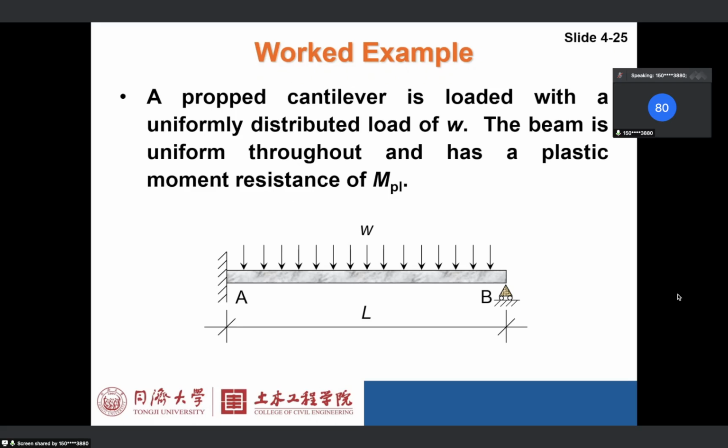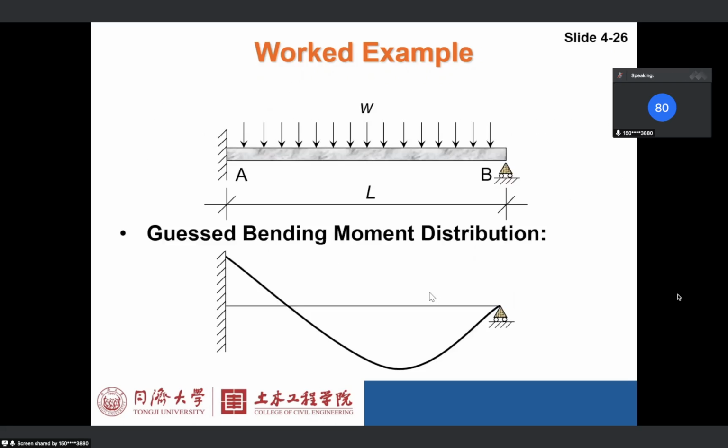If the two solutions are close enough, maybe the real solution is somewhere between them. That's at least a starting point, okay? So this is the bending moment distribution, and we don't know the location yet. Maybe somewhere here.